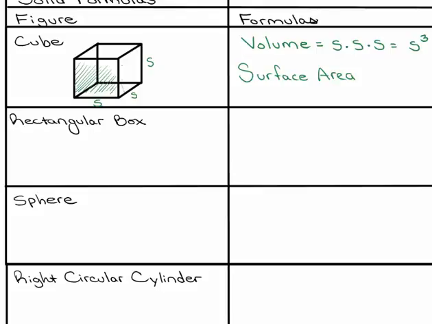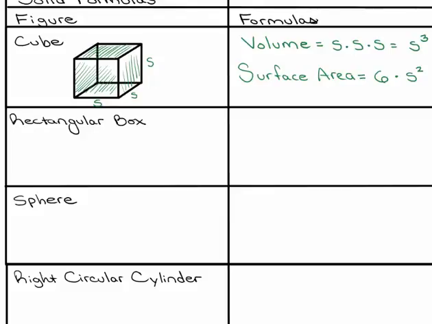This area plus this area plus the top area plus the bottom. So you're basically just talking about all the areas being added together. Since there are 6 sides on a cube, all we have to do is multiply 6 times side squared. Side squared represents the area of one side, and since there's 6 sides in total, we just multiply by 6. And then the units would be square units.